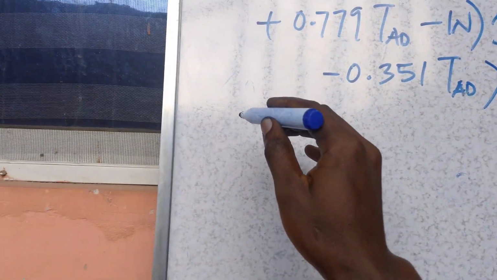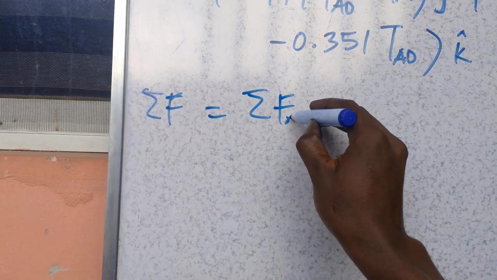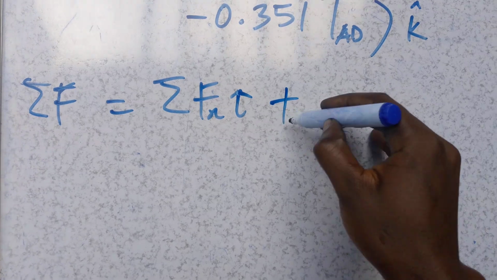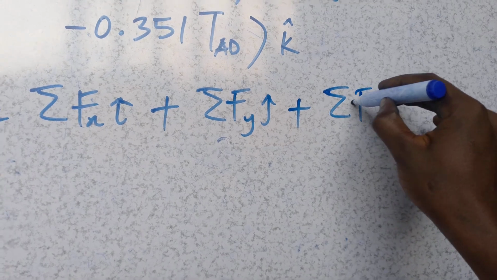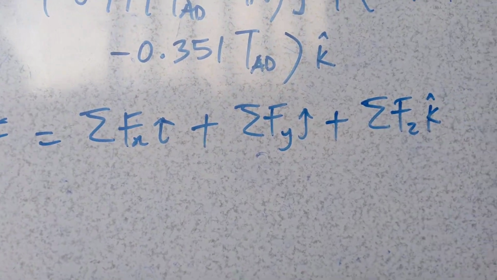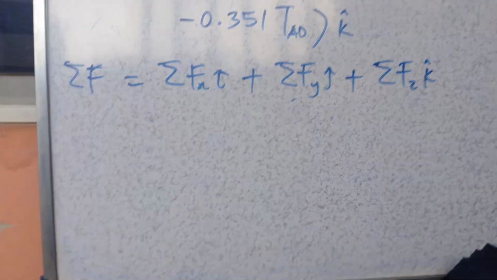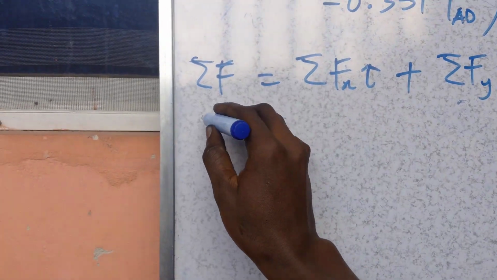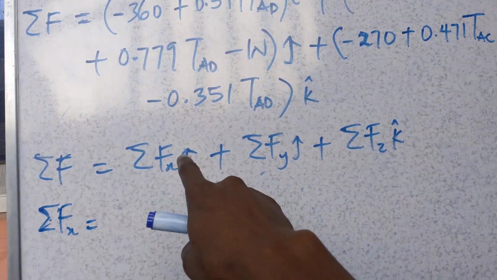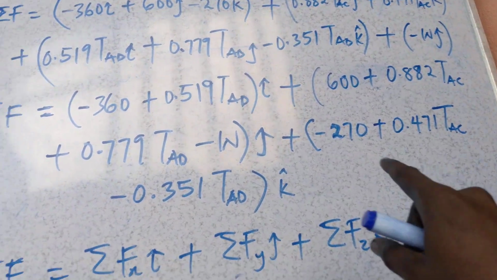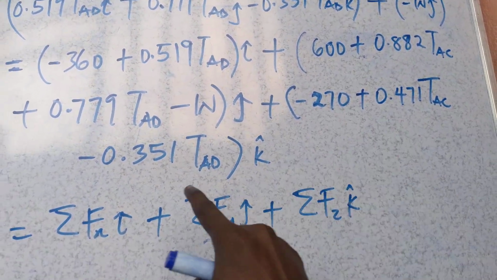Now we know that sigma F equals sigma Fx I plus sigma Fy J plus sigma Fz K, when you are looking at forces in a 3-dimensional force system. If you compare both equations, sigma Fx is this, sigma Fy is the whole of this, and sigma Fz is this.